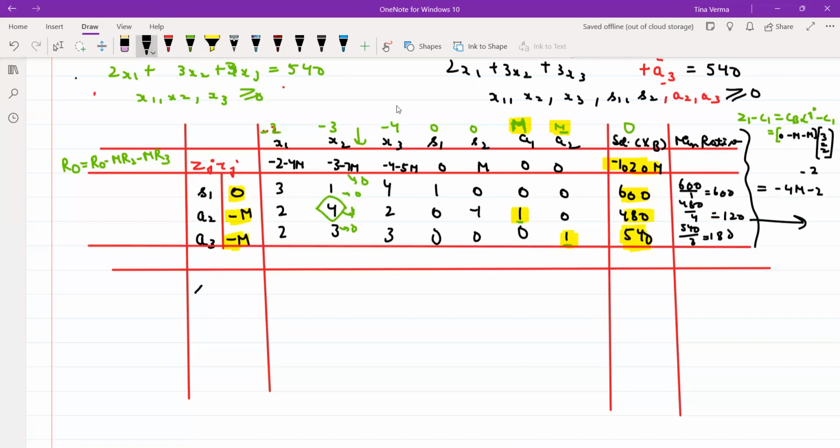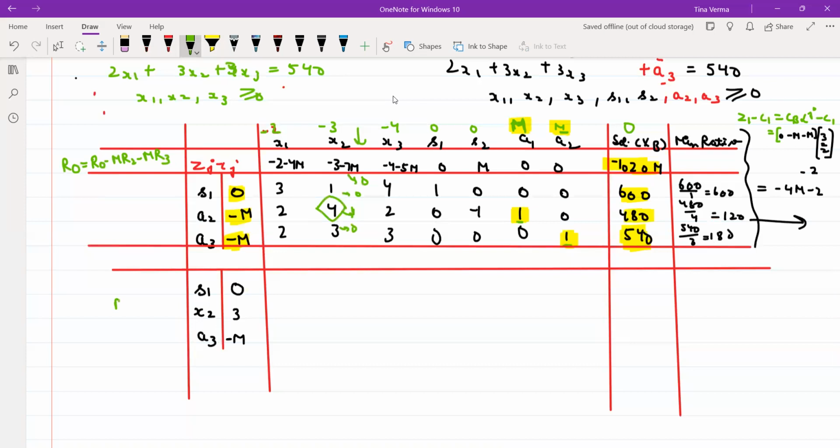your S1 will be in its place. On the place of A2, X2 will come, and on the place of A3, A3 will come. The cost coefficient corresponding to S1 is 0, X2 cost coefficient is 3, and A3 cost coefficient is your minus M. You have to make this element as 1.